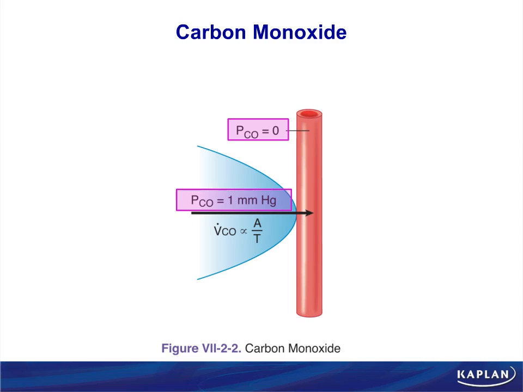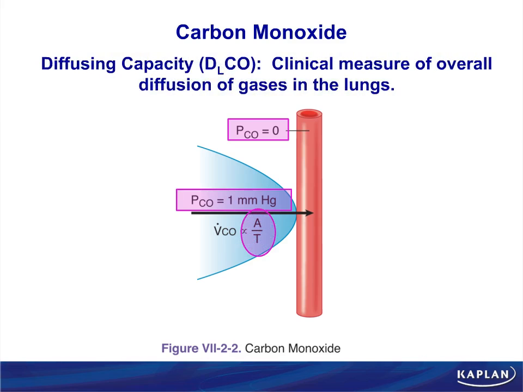Now, the reason it doesn't equilibrate is because once it starts moving into that plasma, it quickly jumps onto the hemoglobin molecule. And so that's why in the time available for diffusion, it doesn't equilibrate. Okay? This uptake of carbon monoxide is your clinical measure of the overall diffusion of gases in the lung.